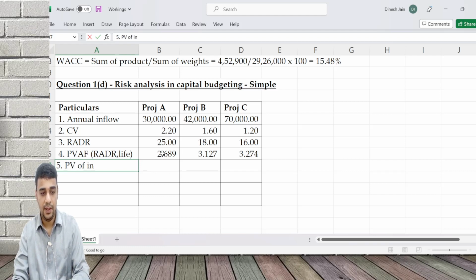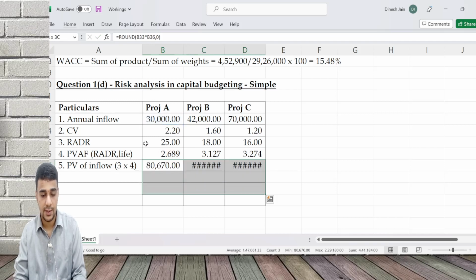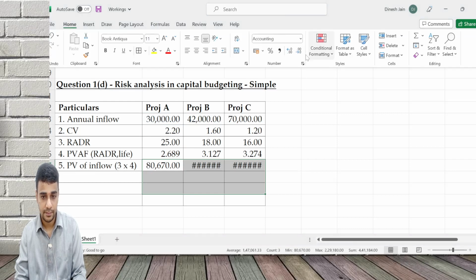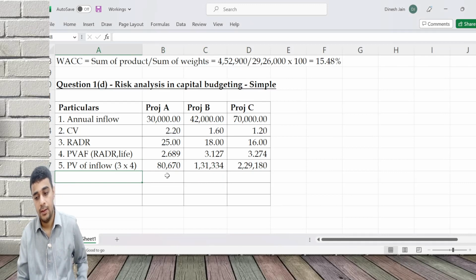Present value of inflow is your annual inflow into the annuity factor. So very simple question.